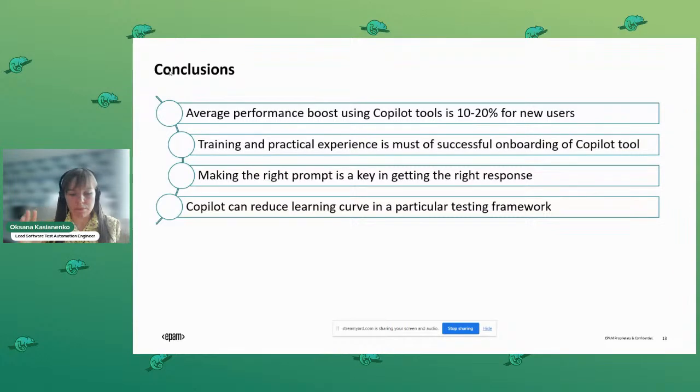I understand the main rules of how to create a test automation framework. I know the OOP principles or the design principles. I don't know all patterns, etc. And I knew how to create the structure of a test automation framework, and I needed Copilot only to help me with some language-specific stuff.